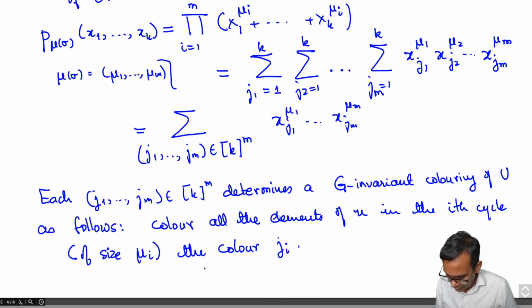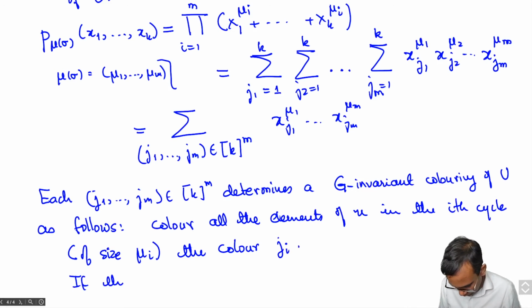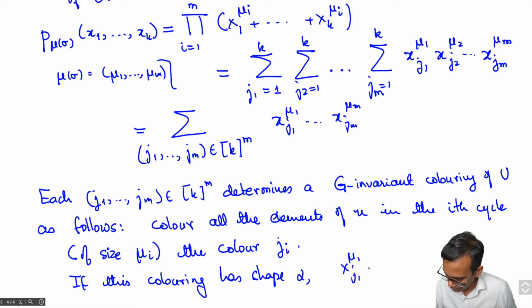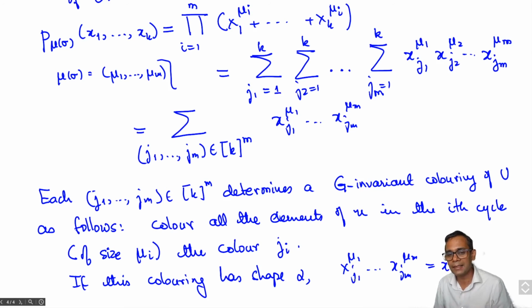Okay, then if this coloring has shape alpha, then what we must have is that x_{j1} raised to mu_1 ... x_{jm} raised to mu_m is going to be x raised to alpha, because this coloring of the ith cycle will give you, if I choose the color j_i for all the elements of the ith cycle, there will be mu_i elements of that color, and so we would have to write x_{ji} to the power mu_i for that.